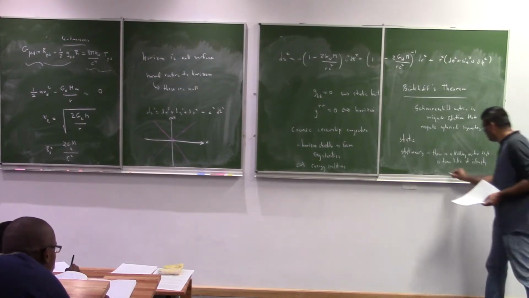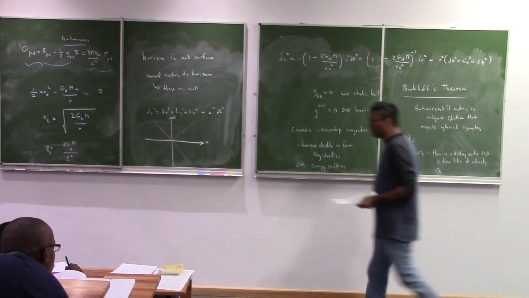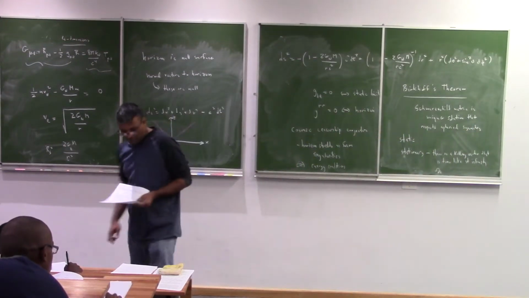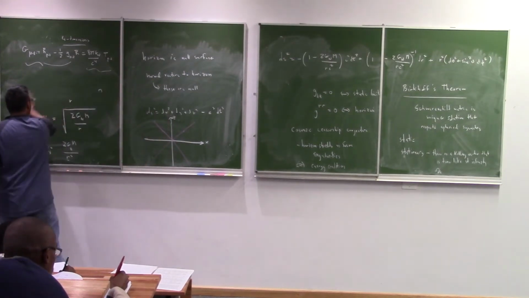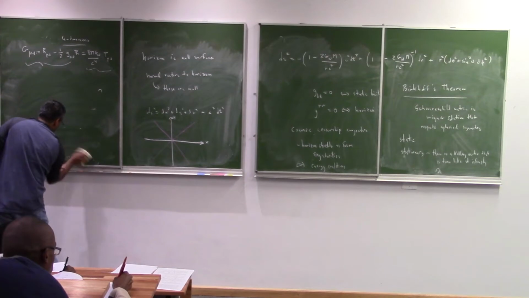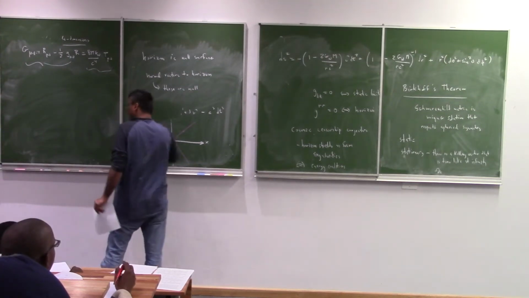This Killing vector is ∂t, and the metrics that are stationary can be written in the following form. They're time independent. So time appears nowhere in the metric coefficients.